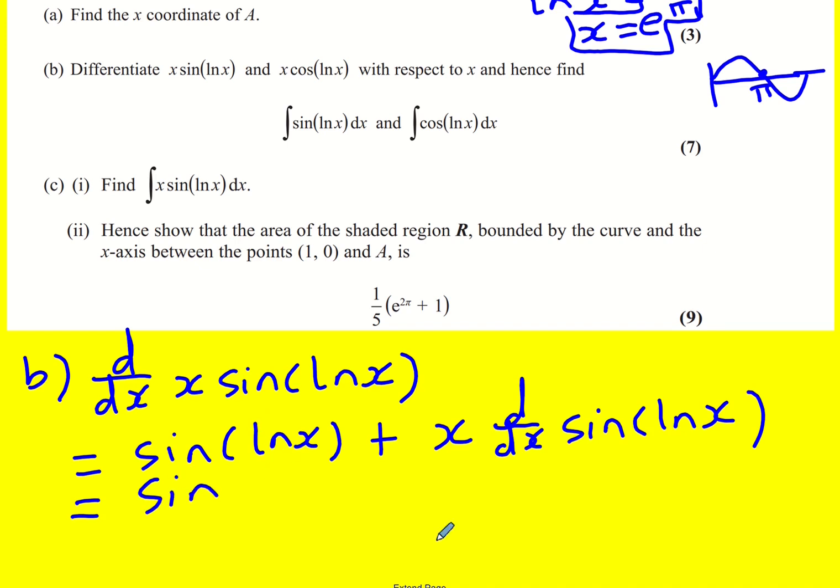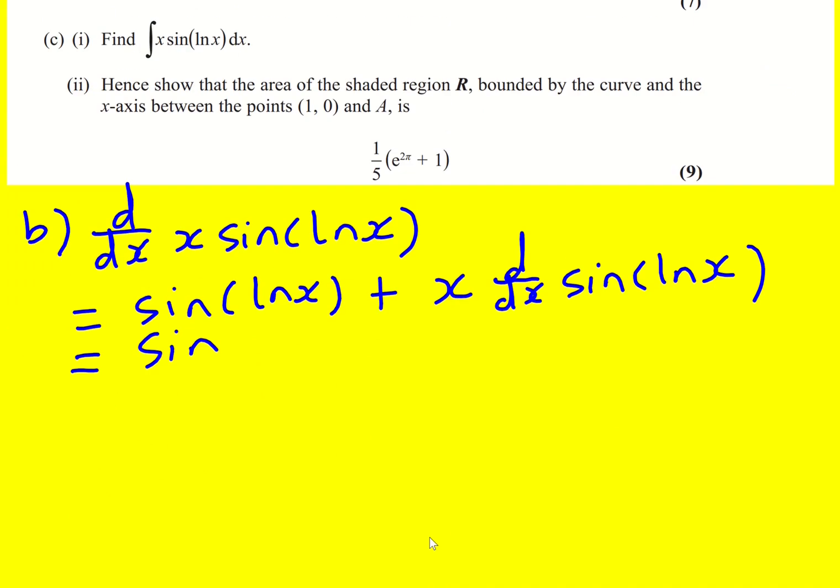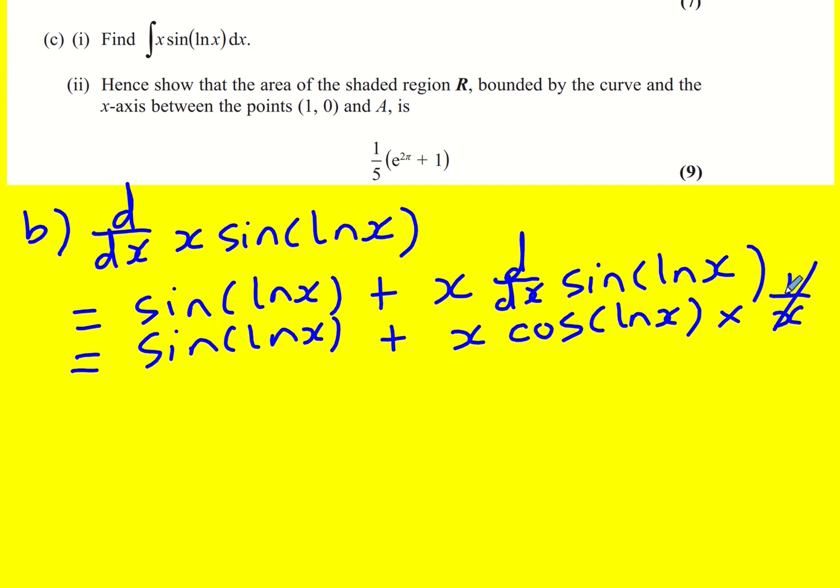I could write all this down formally, but at this point, the hope is that you're really confident with the product rule and the chain rule, and we can do this as quickly as possible. So when I differentiate sine, I'm going to get cos. It's going to be cos ln x, and I'm going to times by the derivative of the inside, which is going to be 1 over x. And they're going to cancel. That's pretty neat. I'm going to get sine ln x plus cos ln x.